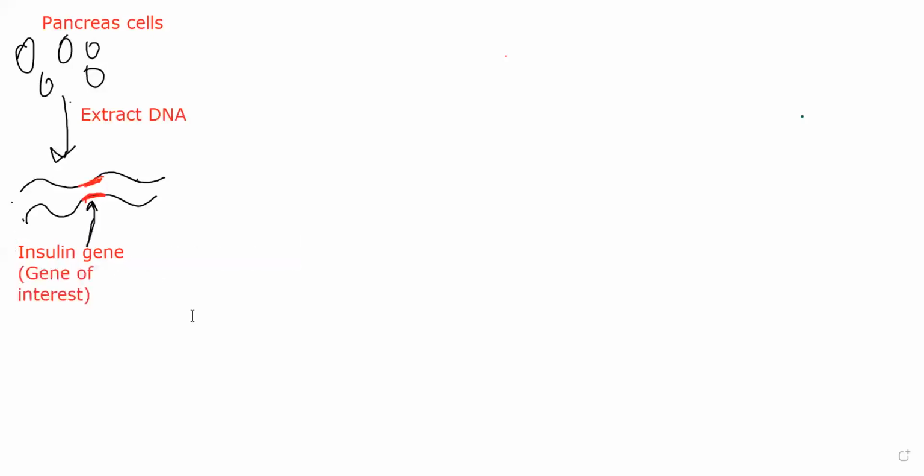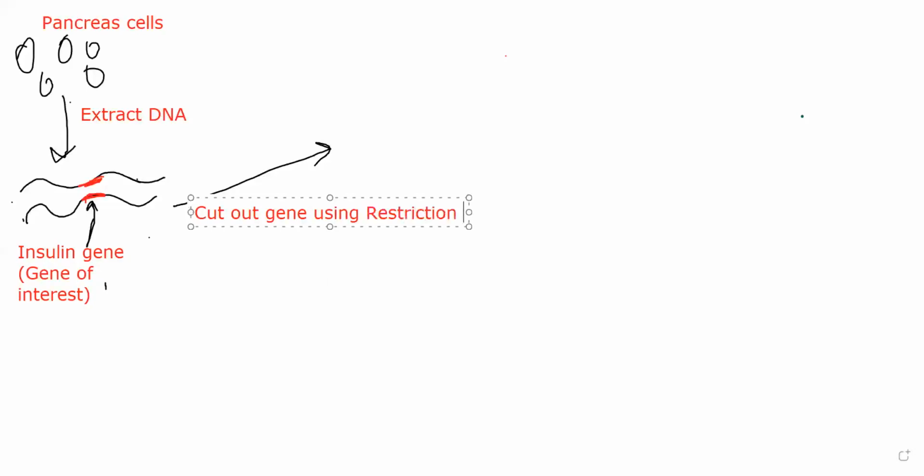What do I do next? Next, I'm going to cut out the gene using restriction enzymes. We abbreviate them as RE.